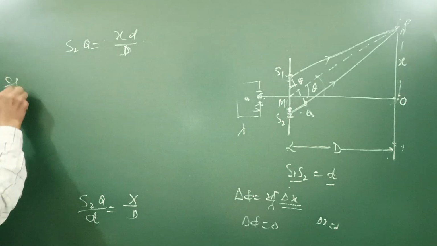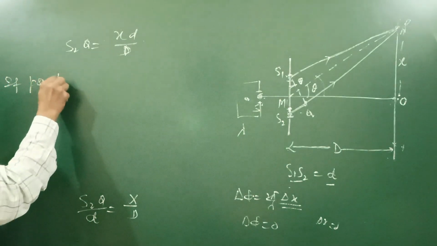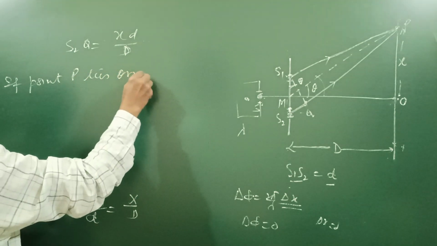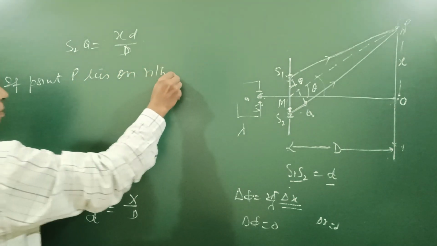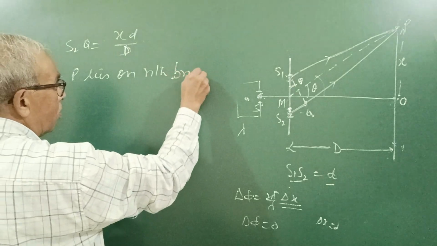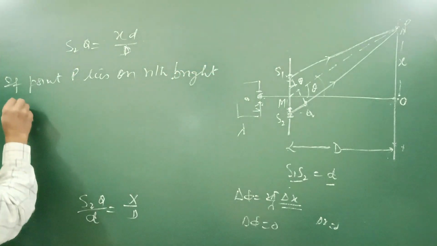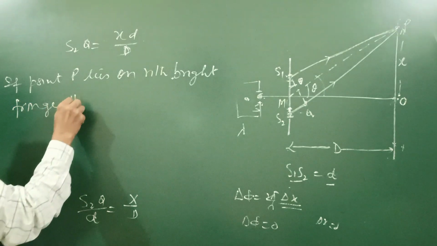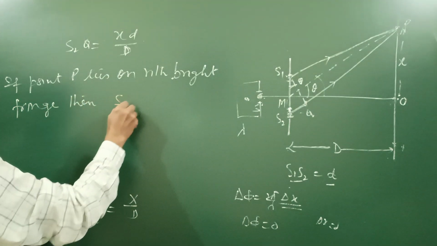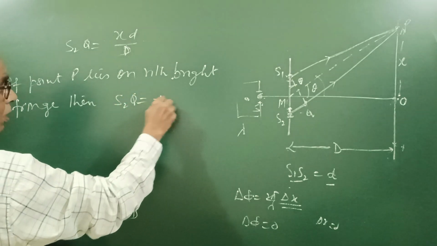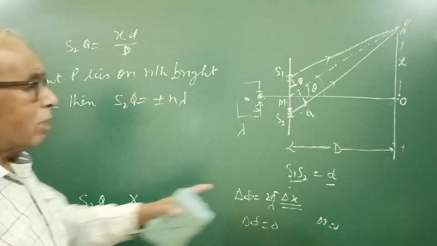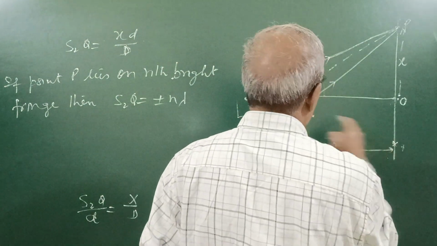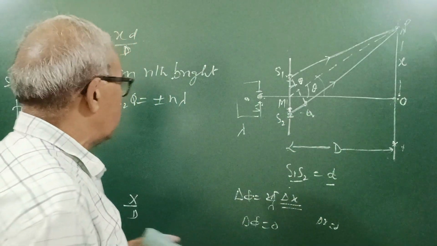Now if point P lies on the nth bright fringe, then S2Q means path difference is plus minus n lambda. Why minus? Point P here, then S1P becomes longer than S2P.